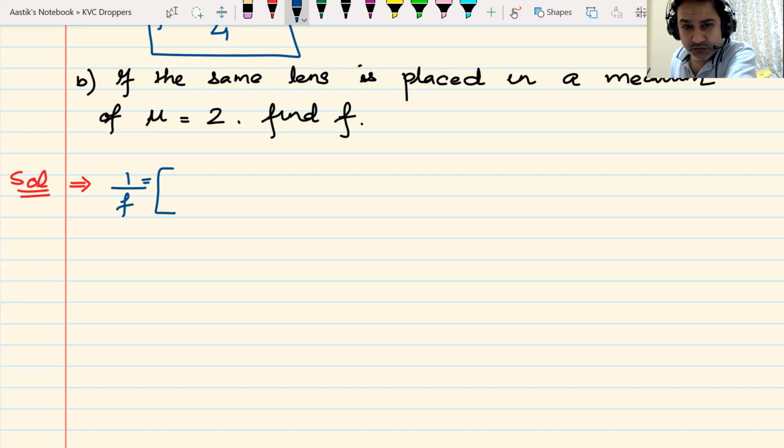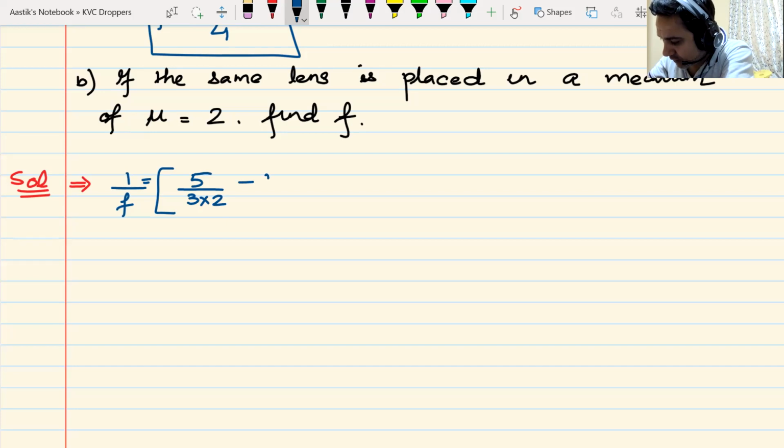Now this mu is the refractive index with respect to the medium. So 5 by 3 divided by the refractive index of the medium, 5 by 3 divided by 2. How much is 5 by 3 divided by 2? It will be 5 by 6. Yes or no?